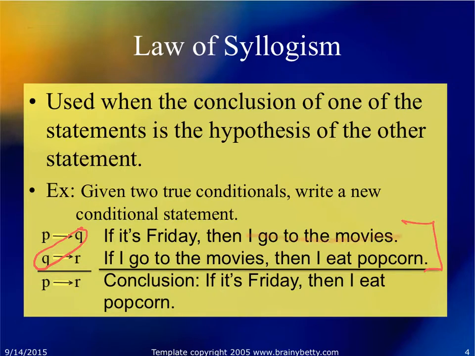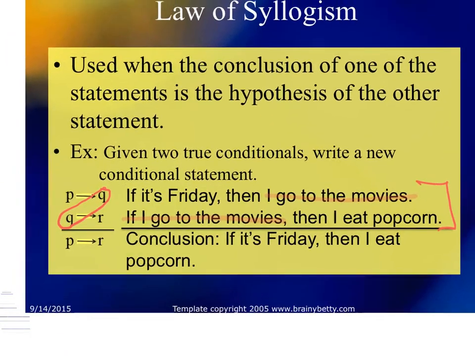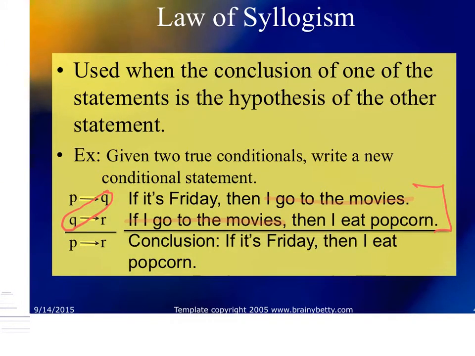So I go to the movies goes out, and then you can conclude, take the original hypothesis and put it together with the conclusion of the second statement. So you remove the overlap, and this is the law of syllogism. The first statement was, if it's Friday, then I go to the movies.